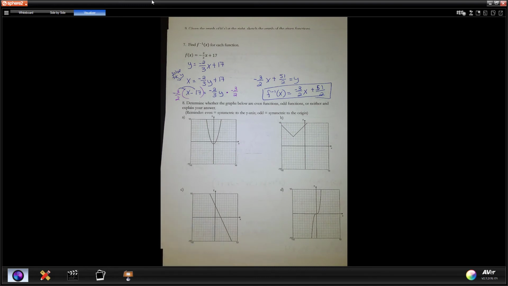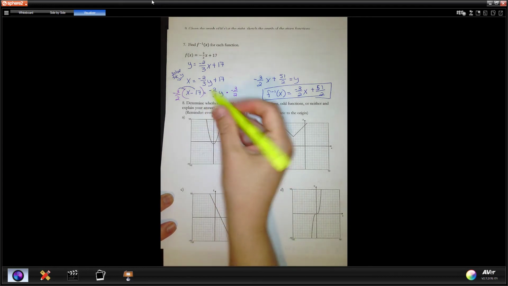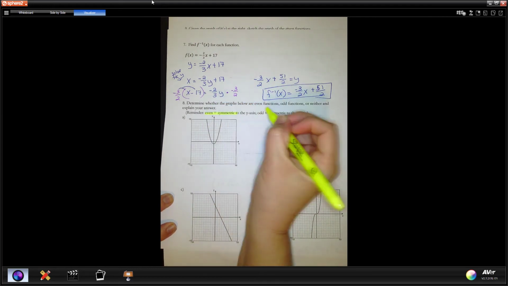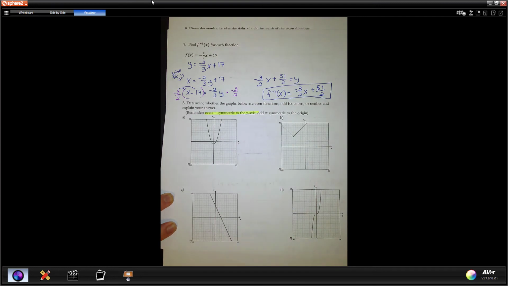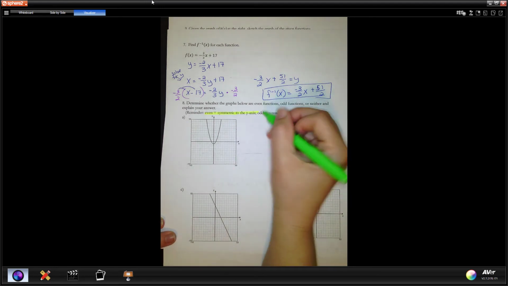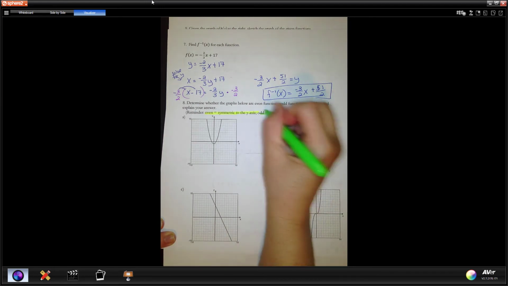And then it says determine whether the graph below is even, odd, or neither. The big part here is that an even function is symmetric to the y-axis, and an odd function is symmetric to the origin.